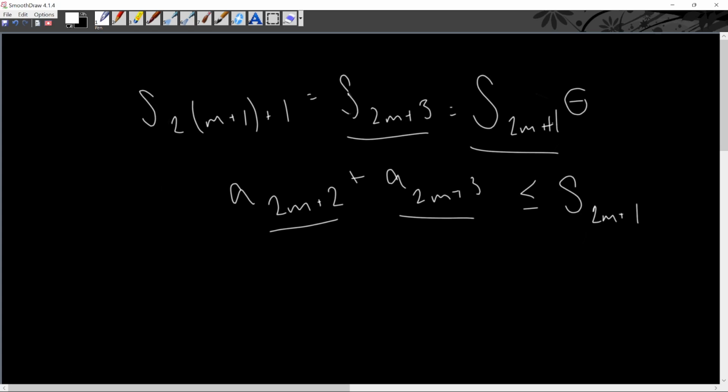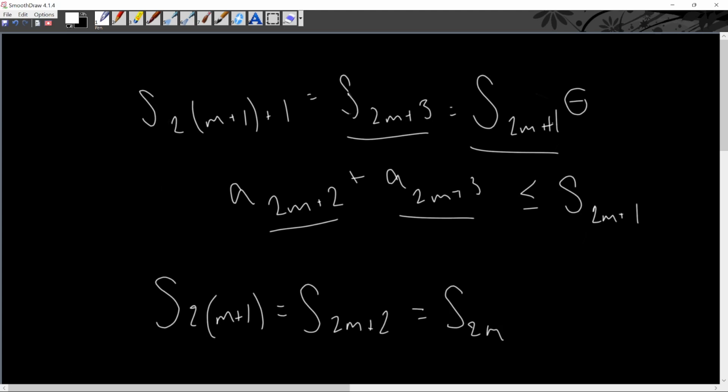and the even partial sums will be increasing monotonically. So you have s sub 2m plus 2, which is the sum up to 2m, plus a 2m plus 1 minus a 2m plus 2, less than or equal to s sub 2m, right?